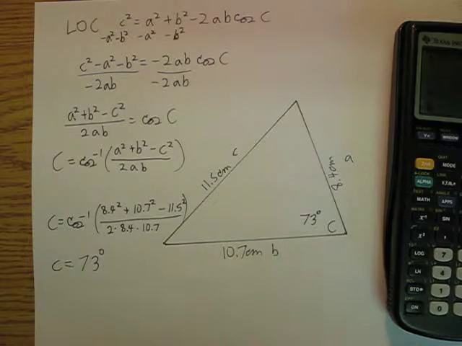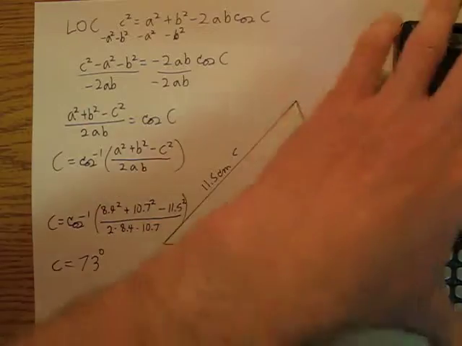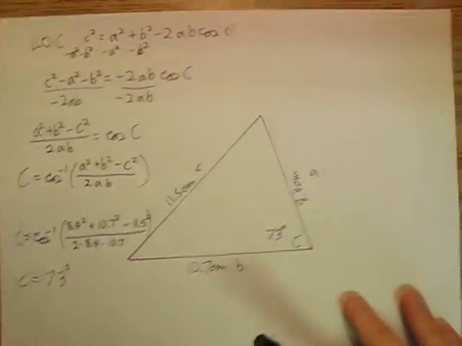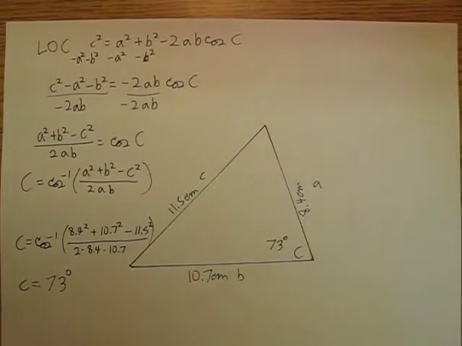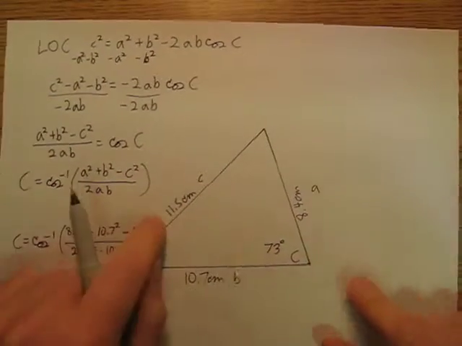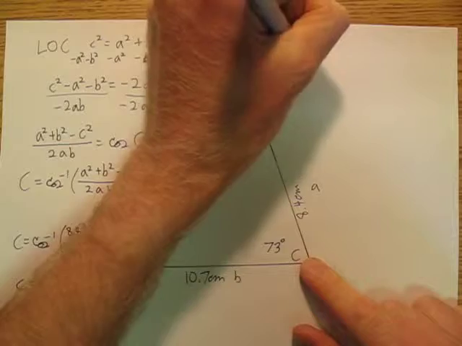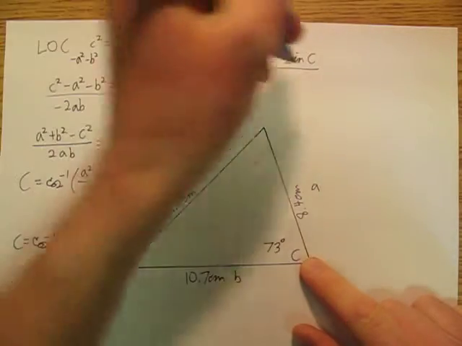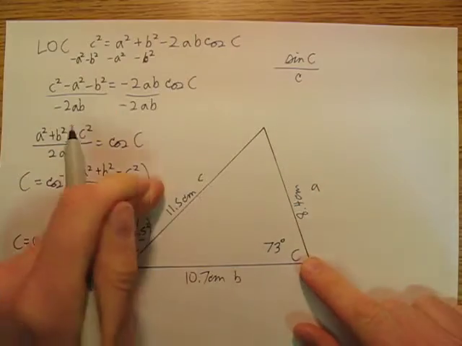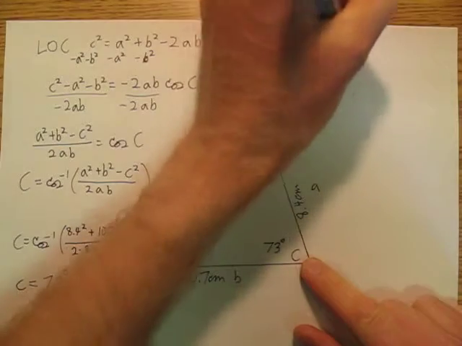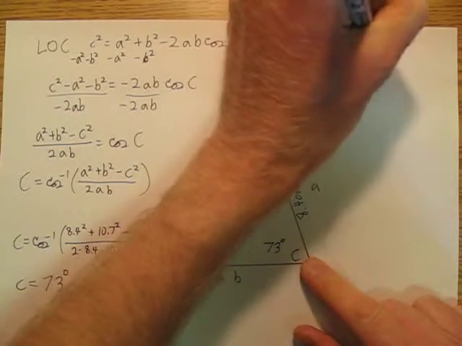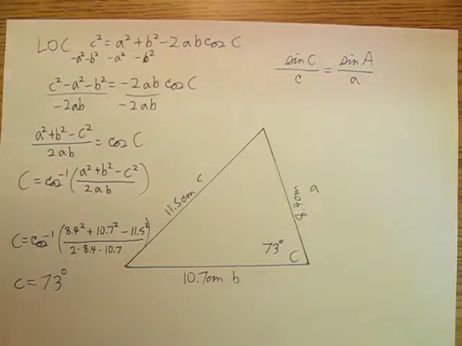Now, we need to find another angle. So let's find angle A. Doesn't really matter, but we'll find angle A. Okay, so I have sine C over little c is going to be equal to sine A over little a.